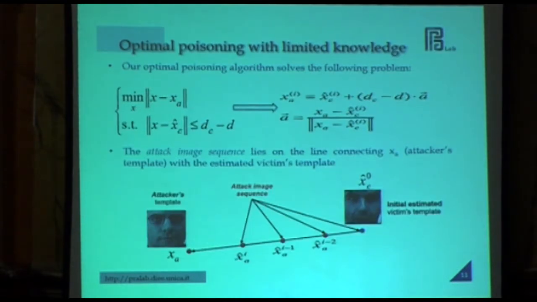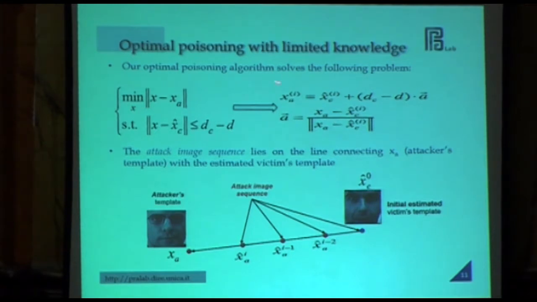And in the paper, we have shown that this attack that we call poisoning attack can be formulated as a minimization problem, because basically what the attacker wants to do is to find a sequence of attack images which are quite close to his images, the attacker template, but at the same time satisfy a constraint. That means they should also be quite similar to the template of the victim, so that the face verification system equipped with template self-update can use them to update the templates.